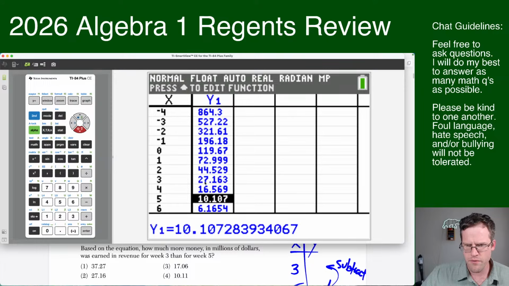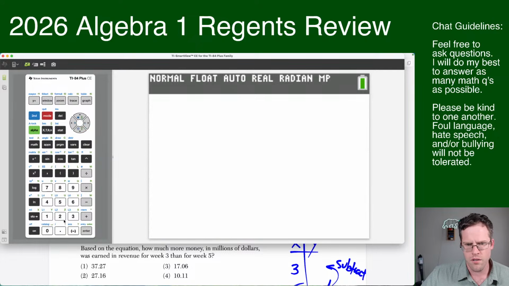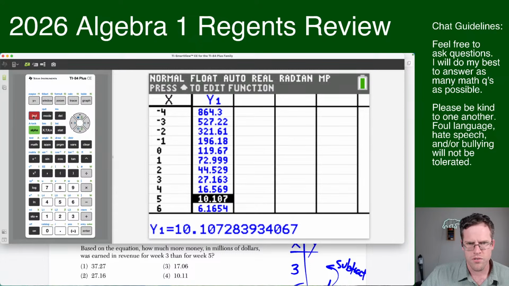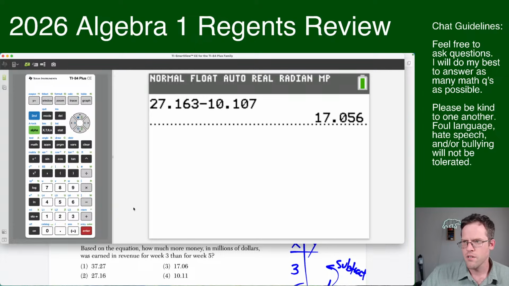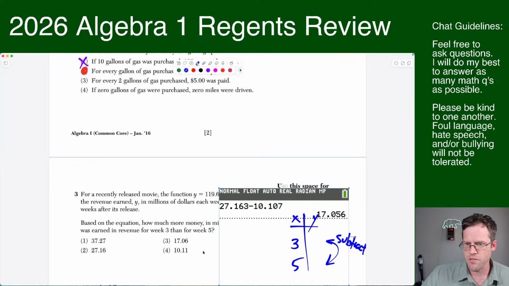So week 3 versus week 5, if I subtract, 27.163 minus 10.107, and you get 17.056, which rounds to 17.06. Okay, so 17.06. This one.